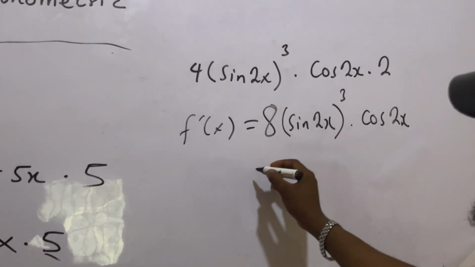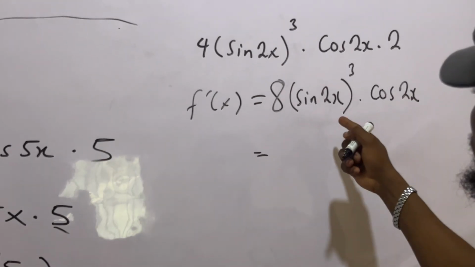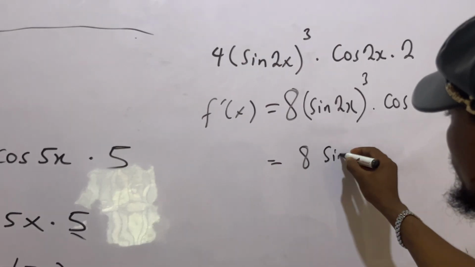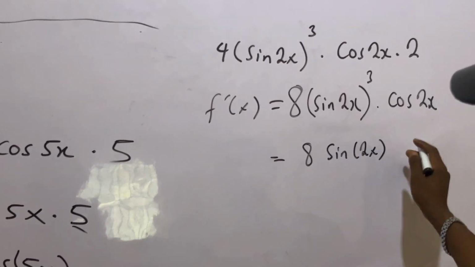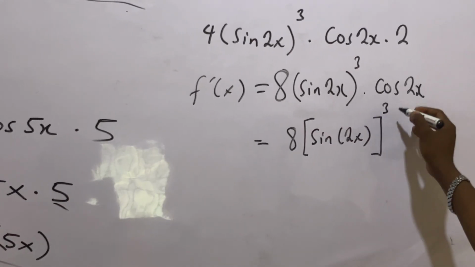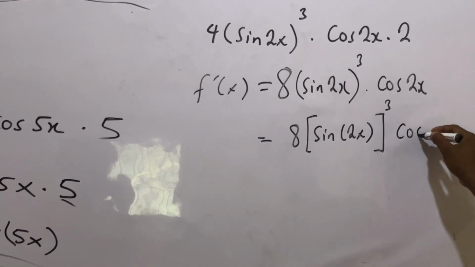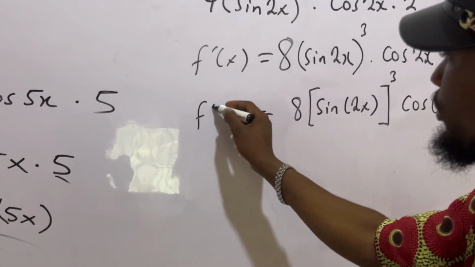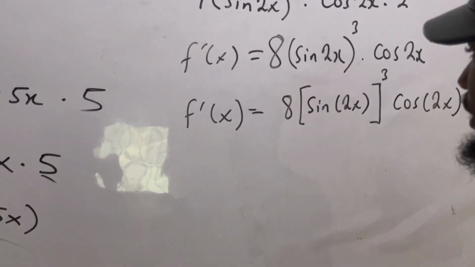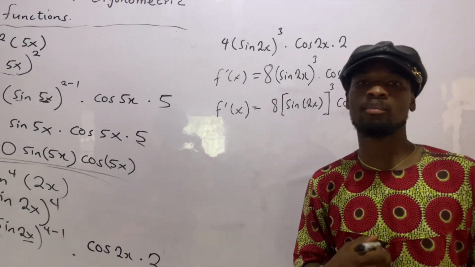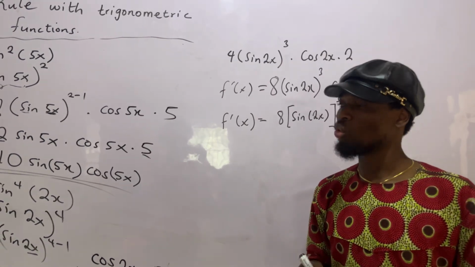So viewers, this is the same as 8 sine 2x raised to the power 3, then cos 2x, giving us our f prime of x. Viewers, this is the end of this simple and trivial question.